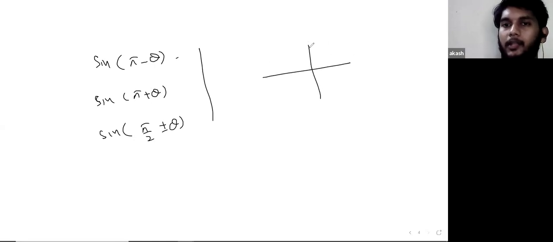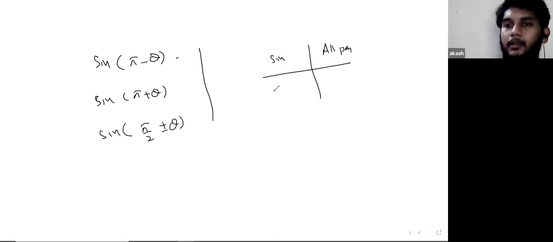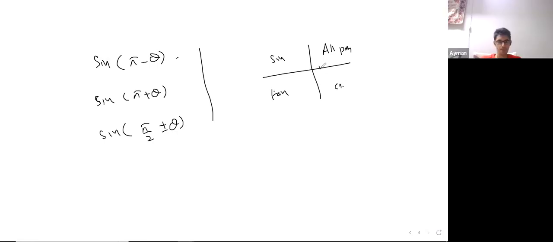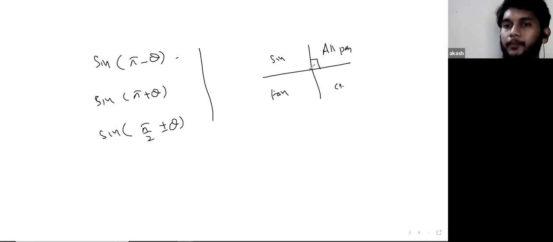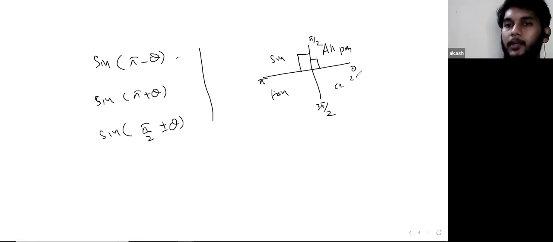You know this, there are four quadrants: all positive, sine positive, tan positive and cos positive. What this means, this angle is from 0 to 90, this is 90 to 180. That means 0, pi by 2, pi, 3 pi by 2, and 2 pi.